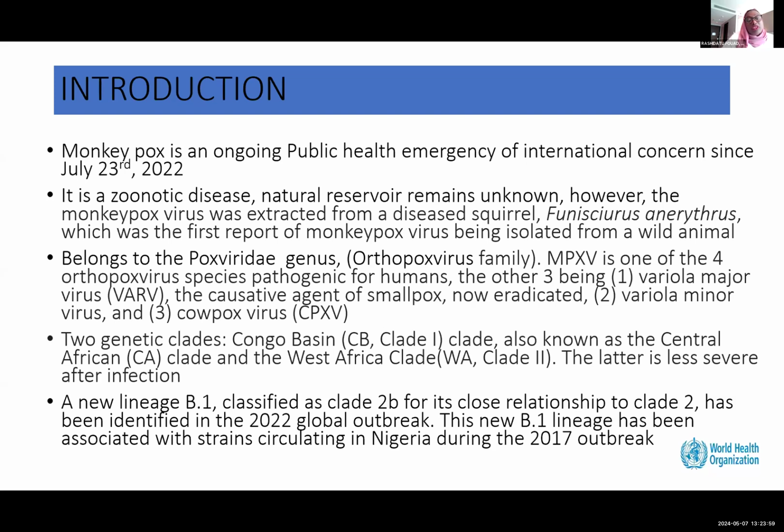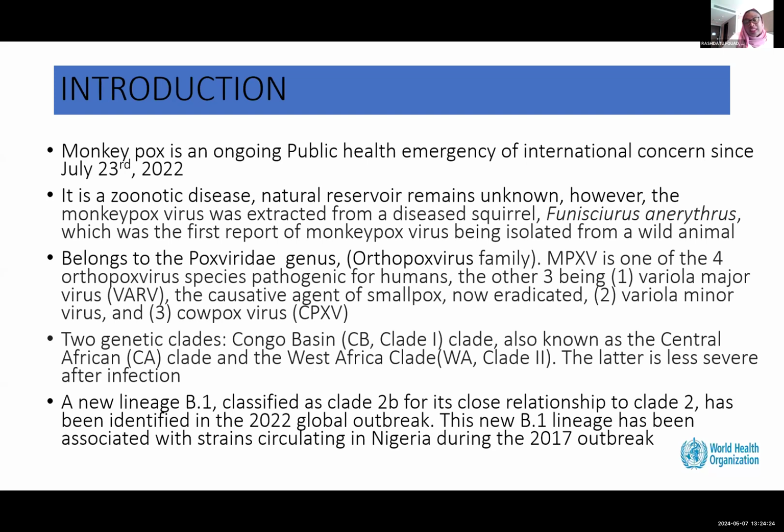We currently have 2 genetic clades, the Congo Basin clade, which is also referred to as clade 1. And as the name implies, it is mostly found in the central region of Africa. And we also have the West Africa clade, otherwise known as clade 2, and it is mostly found in West Africa.